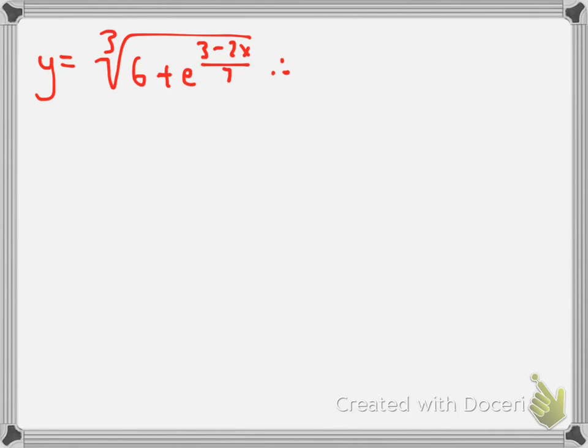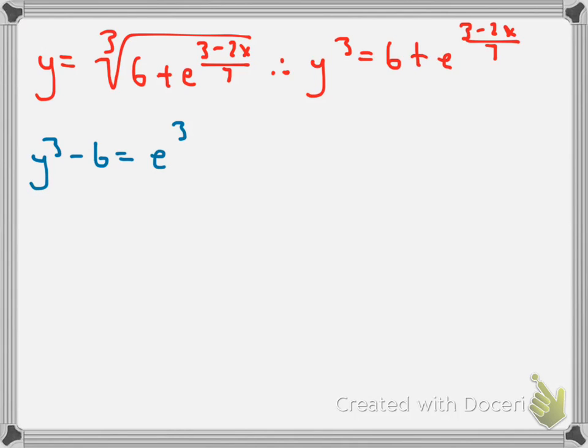These three dots mean therefore, by the way, and it just says it's the next step in the problem. In order to get rid of an e, we need to do the opposite, which is the natural log, both sides.